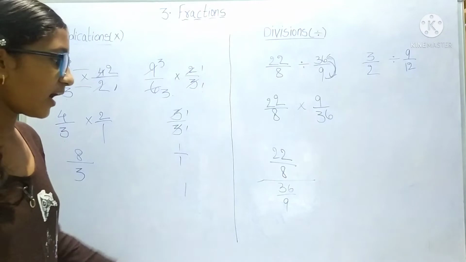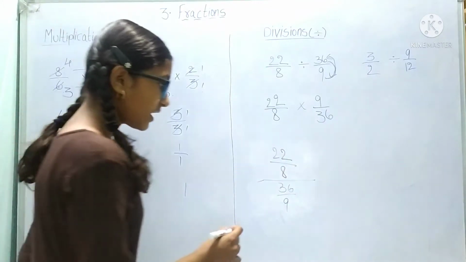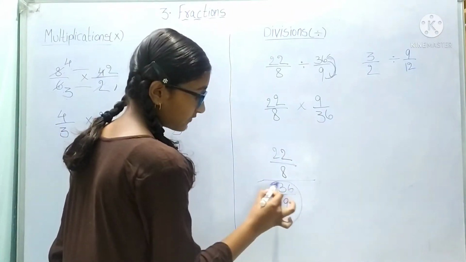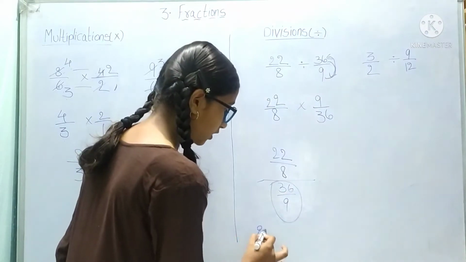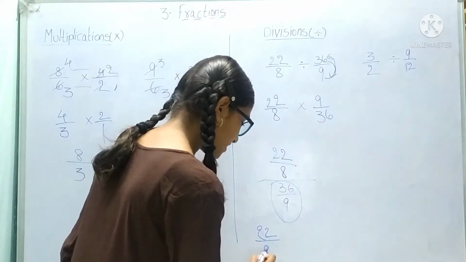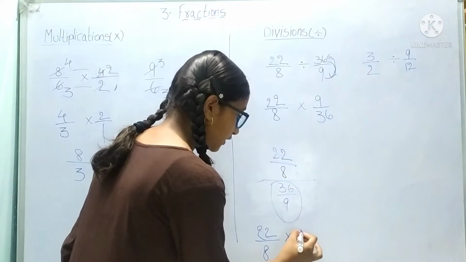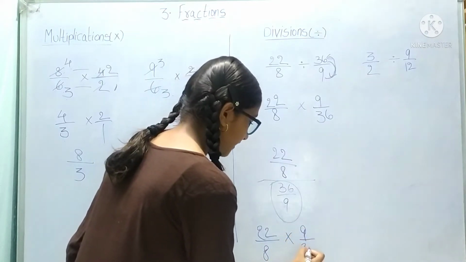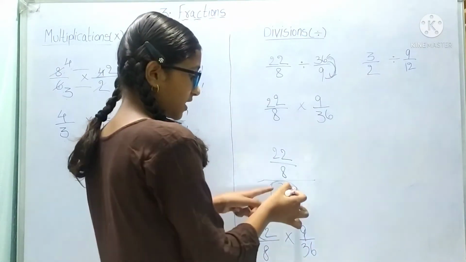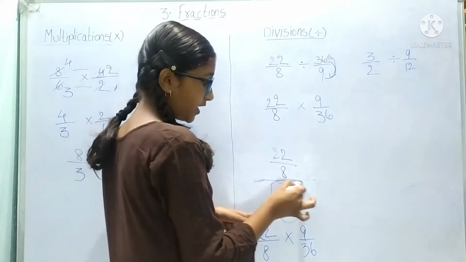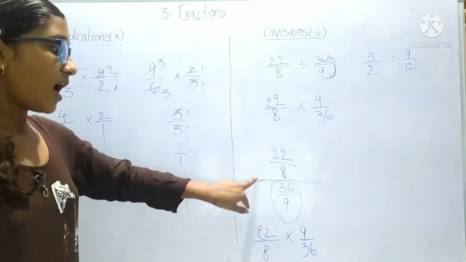Okay, here I am multiplying it, means 22 by 8 into 9 by 36. This is the answer.